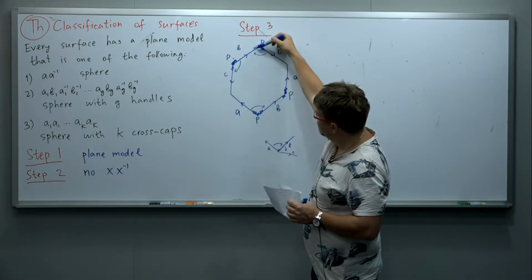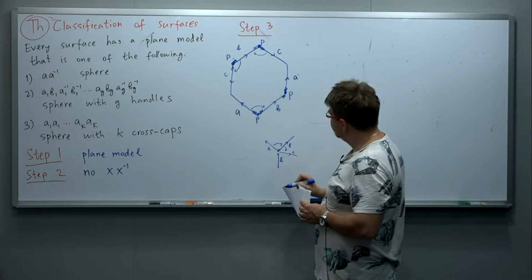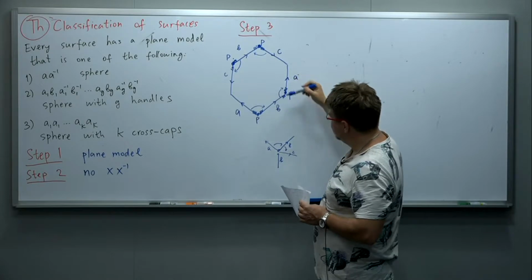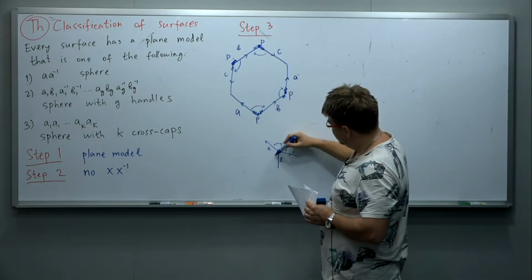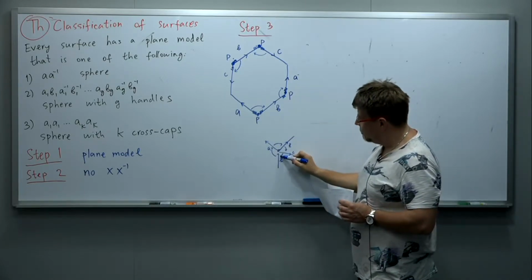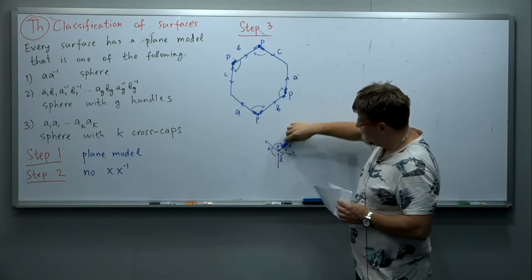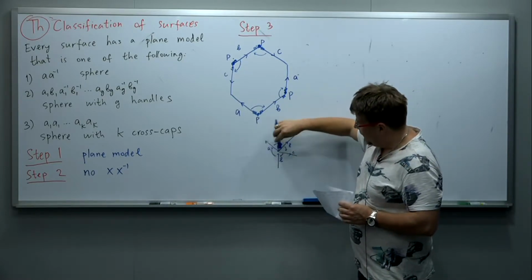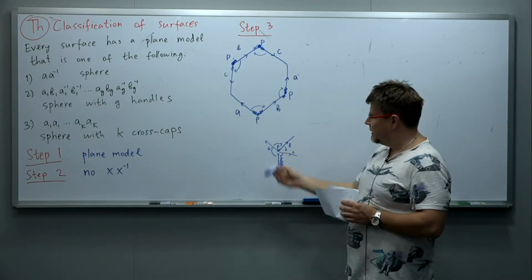Now we meet the head of B, and then we are going to jump to the other copy of the head of B, and then continue moving in the clockwise direction, and then we are going to jump to the tail of A. So it means that a little neighborhood of this point P on the surface looks like this. If we move around it in the clockwise direction, we see tail of A, then tail of B, then tail of C, and then head of B, and then again tail of A.